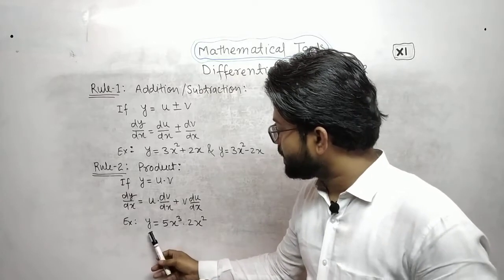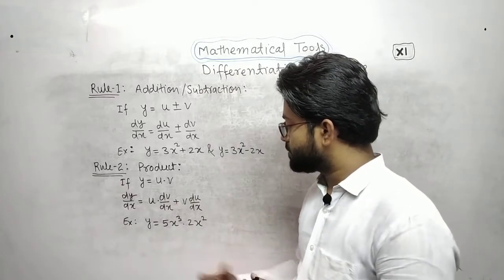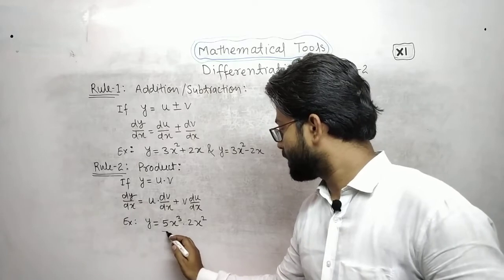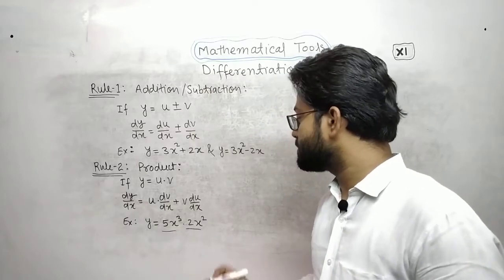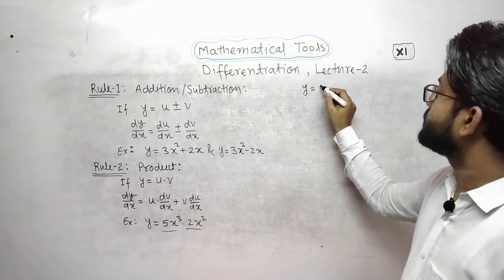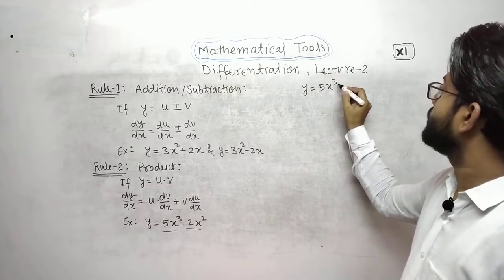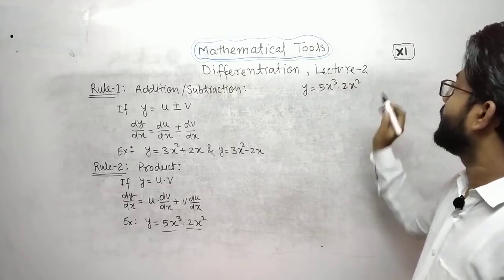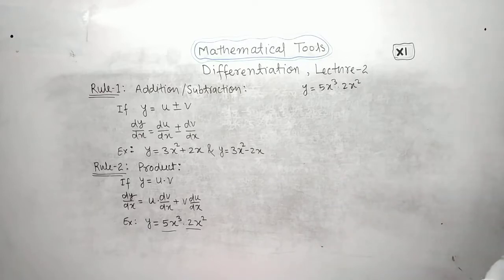Example: y is equal to 5x cube into 2x square.